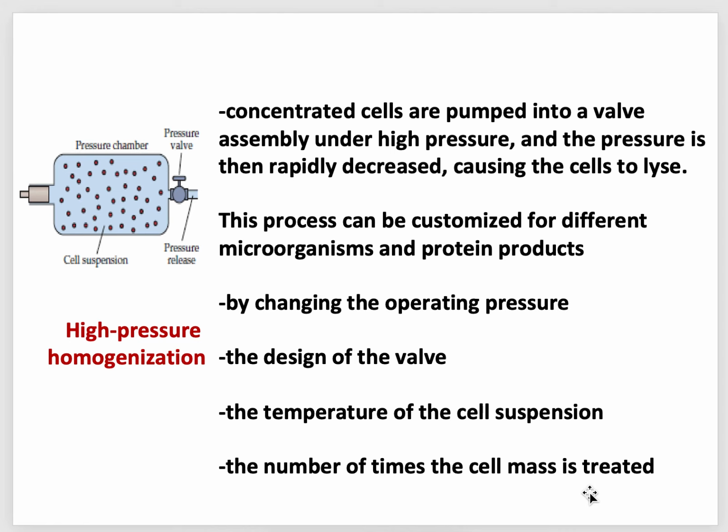It's not necessary that we treat the cells only once; we can repeat the process. We can treat the same cell mass several times, because if we treat the cell mass only once, many of the cells will not get disrupted. So to confirm that all the cells are disrupted, usually this process is repeated.